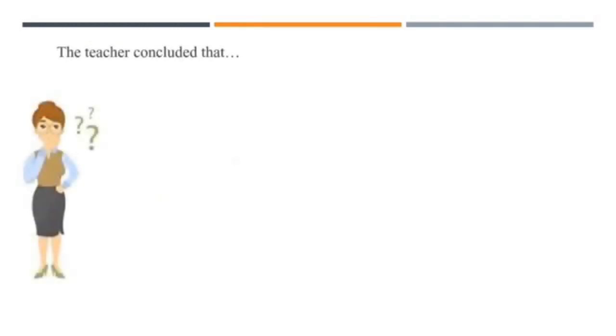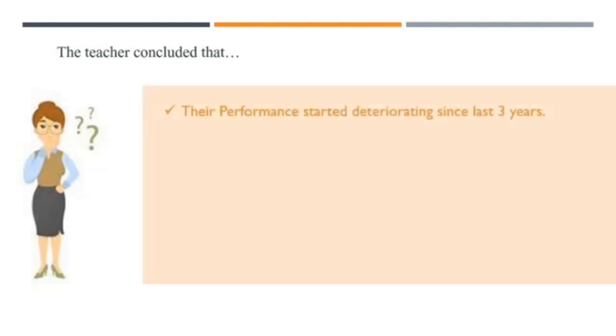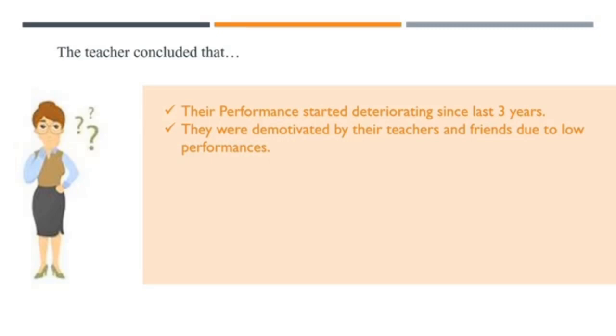The teacher concluded that their performance started deteriorating since last 3 years. They were demotivated by their teachers and friends due to low performances. They were ignored in the classes.